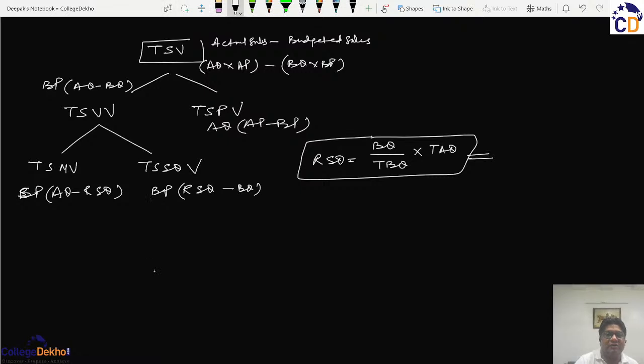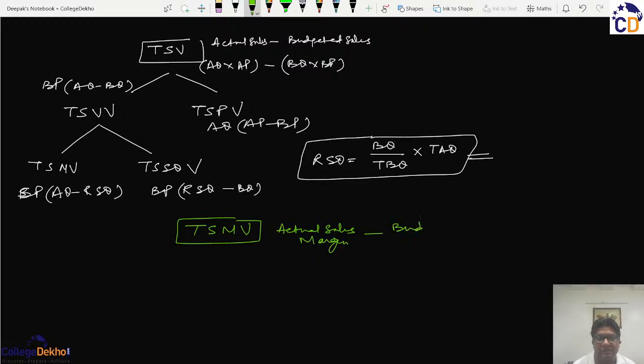When we do that in relation to the total sales margin variance, then it will be equal to actual sales margin minus budgeted sales margin. That is, it should be equal to actual sales margin multiplied by actual quantity.